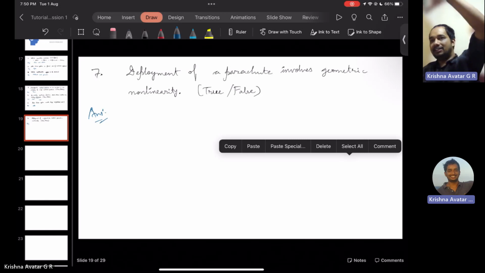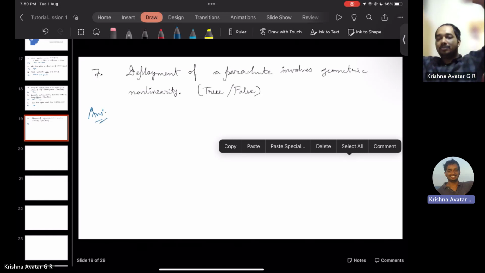It will cover some hemisphere-like shape. From the moment you started deploying the parachute till it's full, the strings are fully taut, you see that it undergoes changes in tension, right?